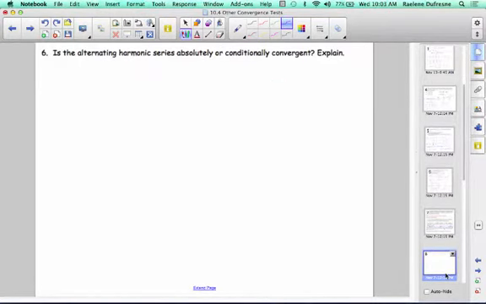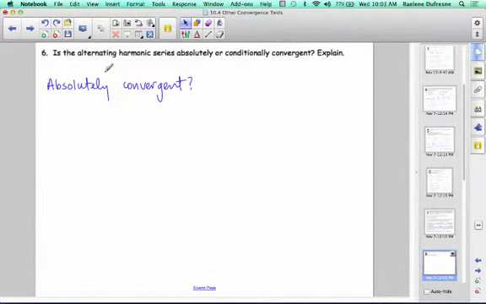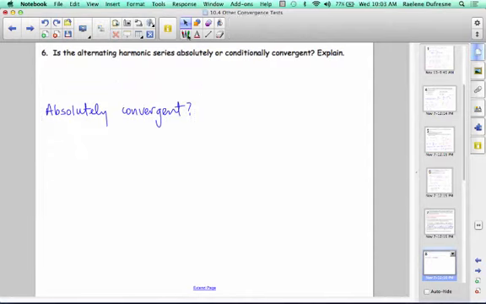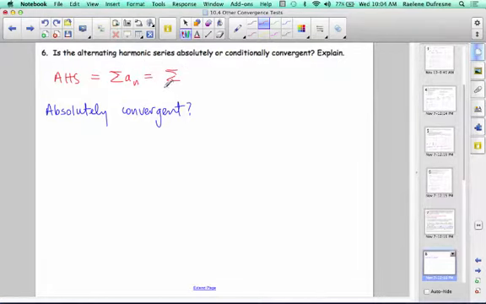Number 6: we want to know, is the alternating harmonic series absolutely or conditionally convergent? Let's take a look at absolutely convergent first. Before we actually look at that, let's talk about the alternating harmonic series, AHS, equal to the series of an, given by the sum from n equals 1 to infinity of negative 1 to the n plus 1 over n.